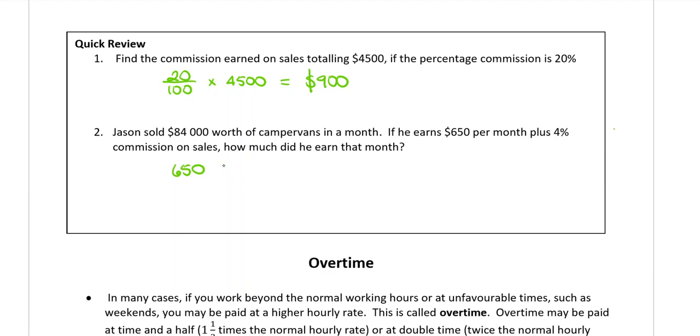But then I have to add to that his commission, which is 4%, 4 over 100, times by what he sells, which was 84000. Okay, so that equals $4,010. Do you guys get that?